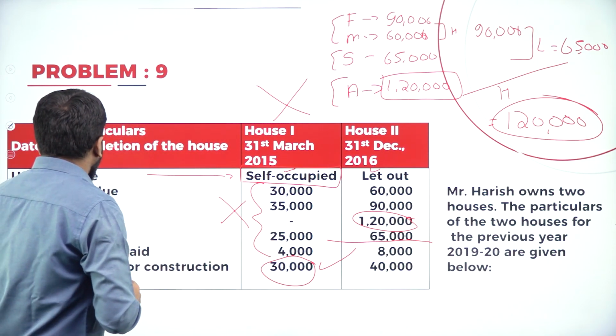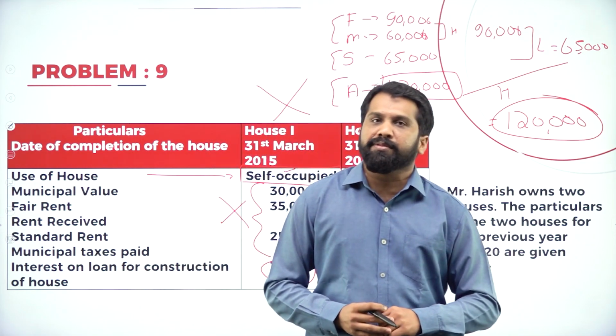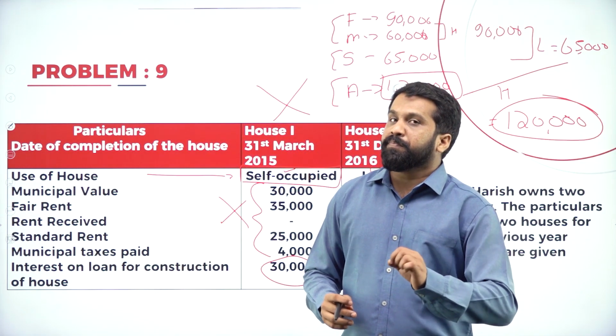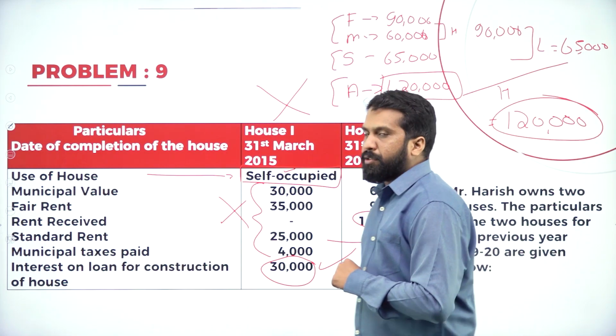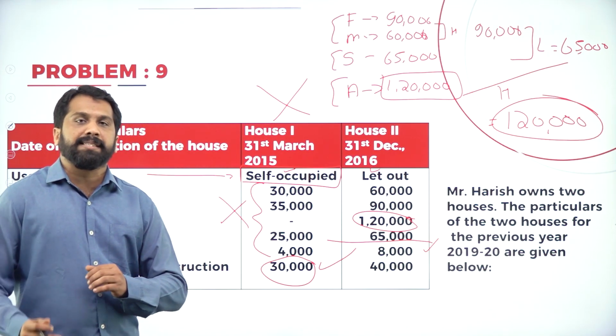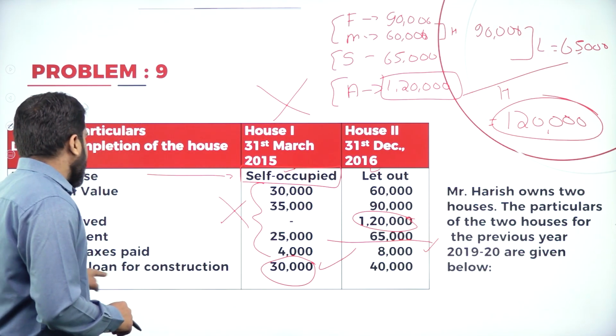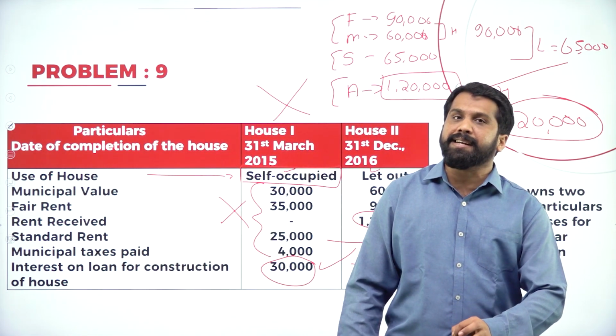Now, later, municipal tax paid. How much is it? 8,000. Whatever answer you got, 1,20,000, from that you are supposed to minus municipal tax. Later, whatever interest is paid for construction also has to be deducted.